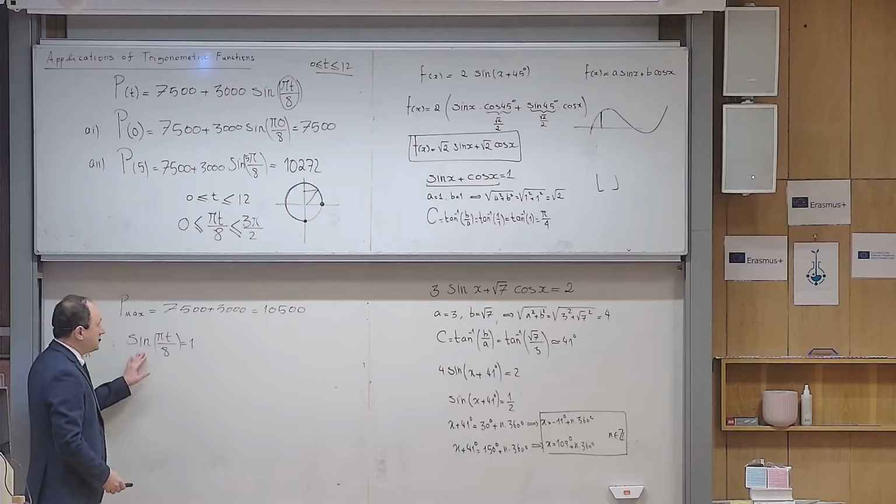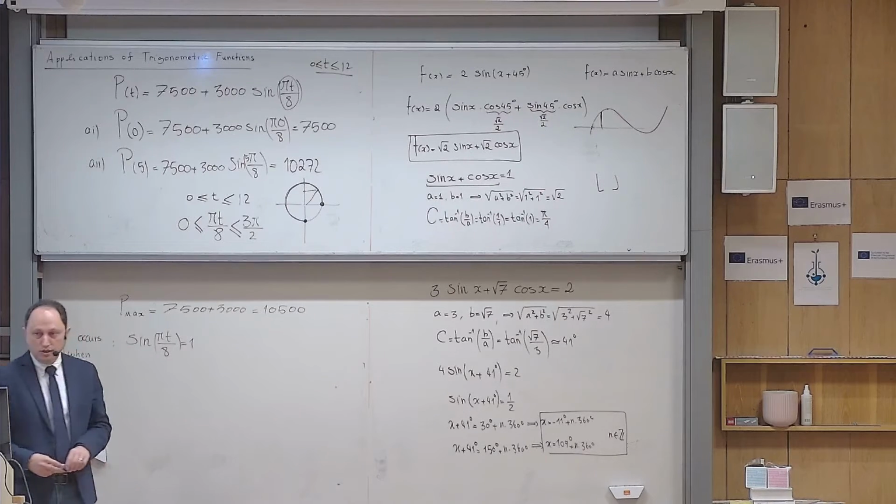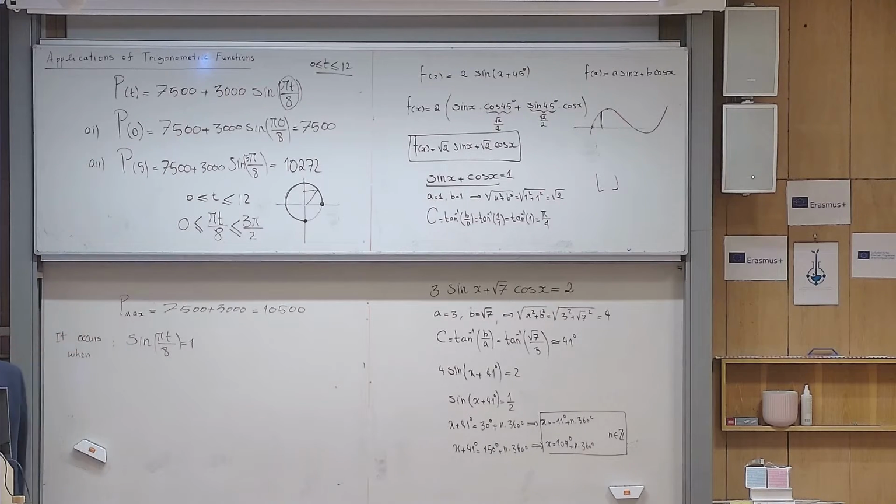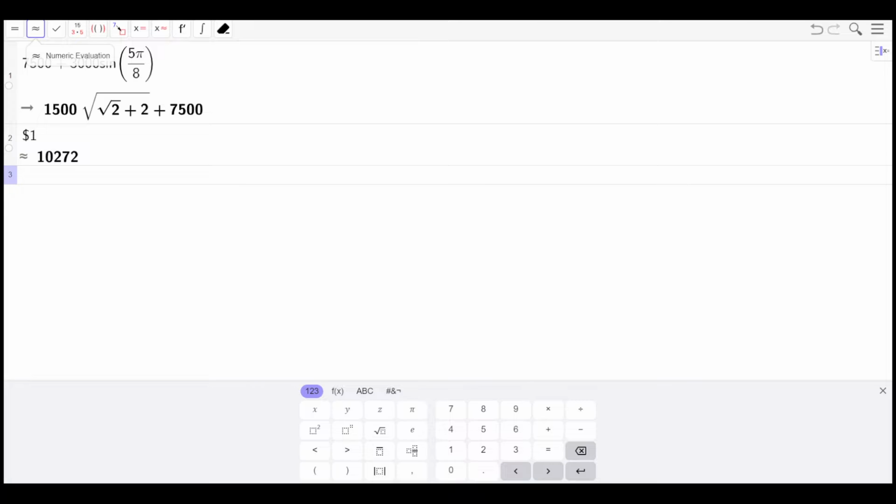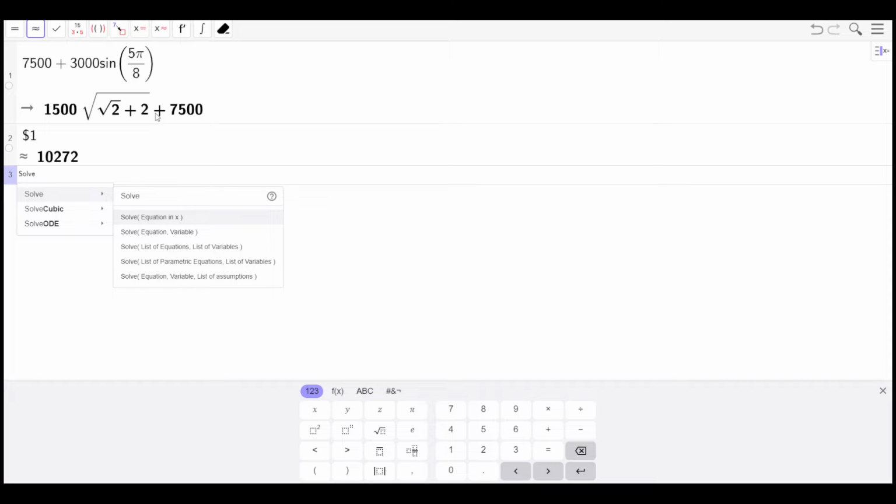That's what I'm saying: you just put this in GeoGebra directly, so you don't even need to bother to solve the problem. You go to GeoGebra, go to CAS view and ask to solve. But you need to explain, so I will tell you how. Be careful: GeoGebra by default solves equations in x.